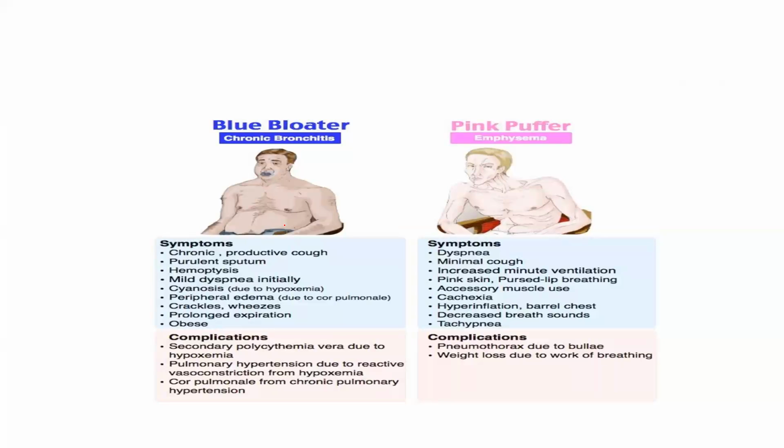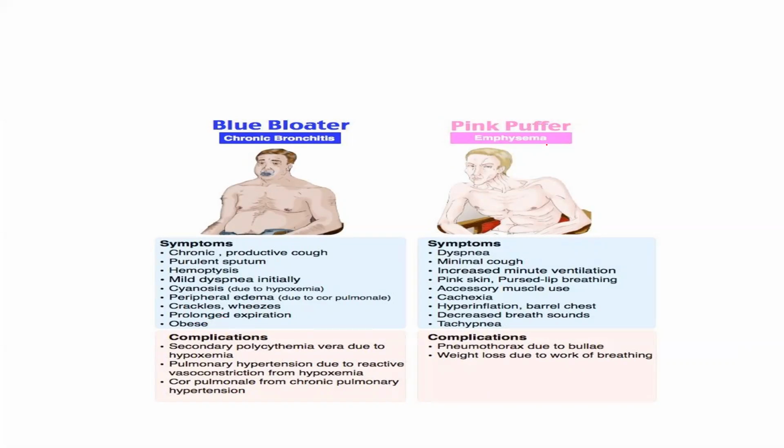Sometimes they also cough out blood, and they are called blue bloaters because they often develop cyanosis, the blue discoloration of the skin, due to hypoxia. If these patients develop right heart failure, there is peripheral edema, and when you auscultate the chest, you will find crackles and wheezes. These patients are usually obese.